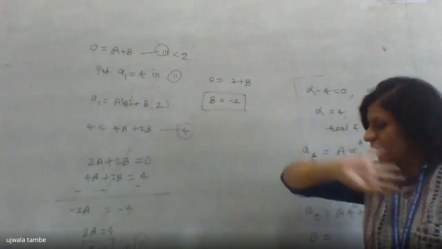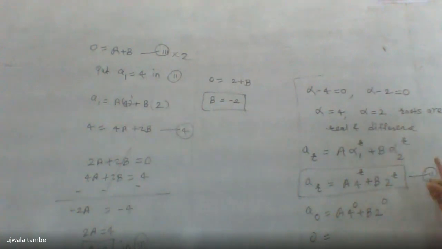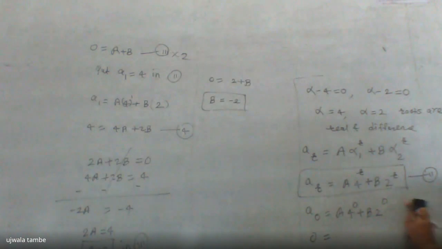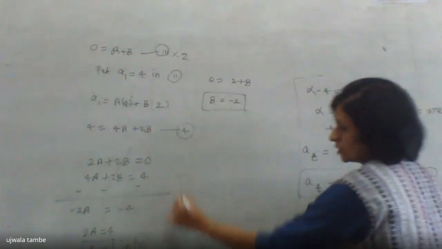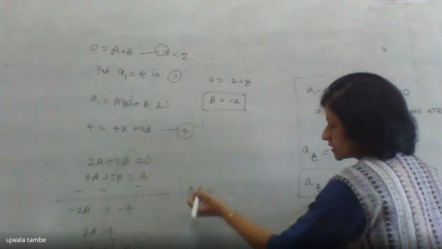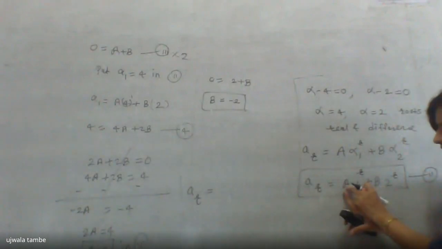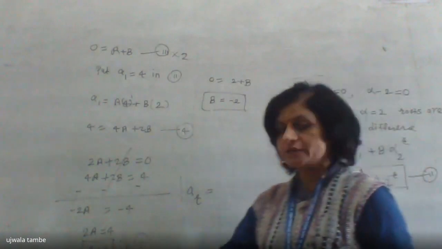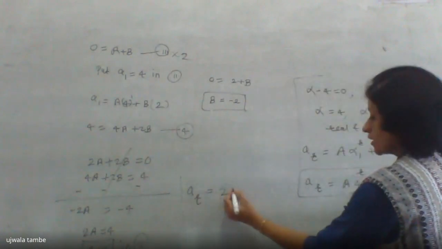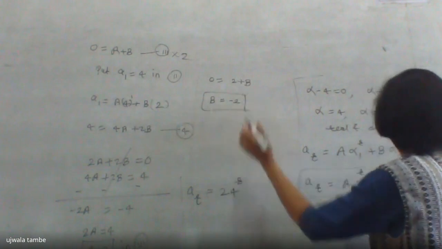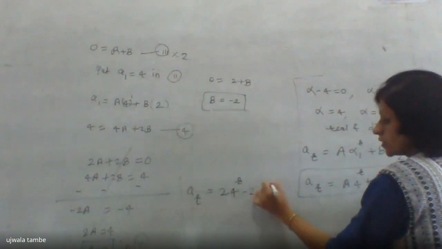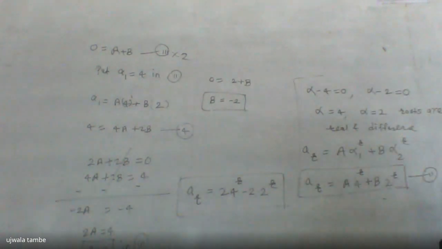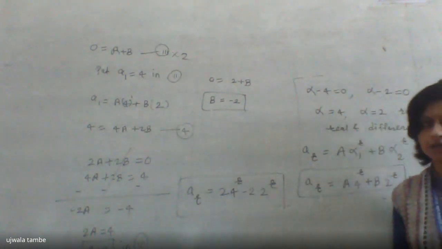Putting these values in the second equation, we get the solution of the homogeneous recurrence relation. Therefore a_r is equal to A into 4 raised to r plus B into 2 raised to r, where the value of A is 2 and B is minus 2. So a_r is 2 into 4 raised to r plus minus 2 into 2 raised to r. We get the solution of the homogeneous recurrence relation.